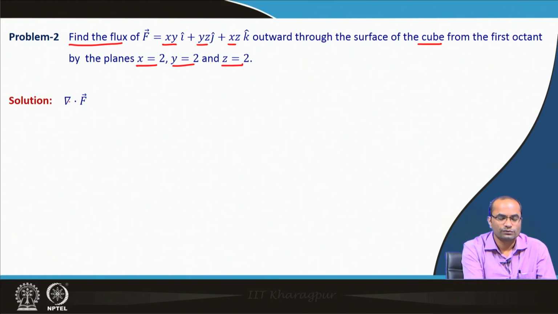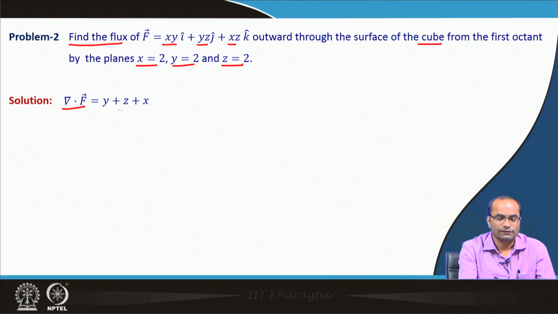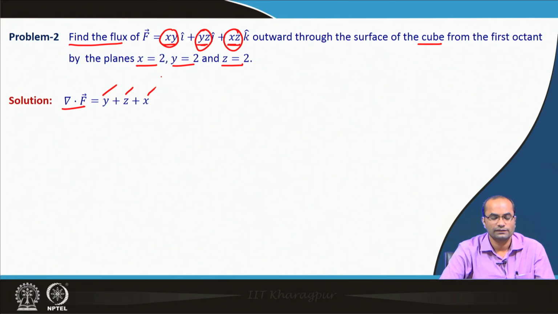So, coming back to the divergence of f, because you have x y, y z and then x z as the 3 components. Here the partial derivative of x y with respect to x will give y, the partial derivative of y z with respect to y will give z, and here the partial derivative of x z with respect to z, we will get x here.